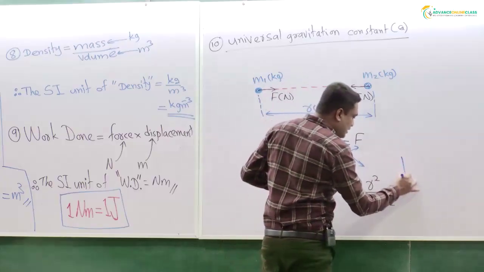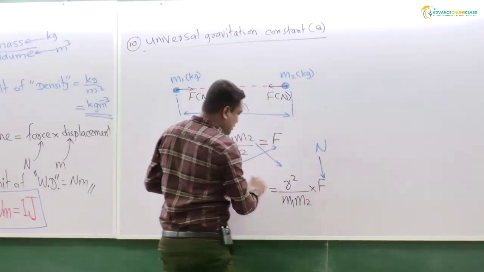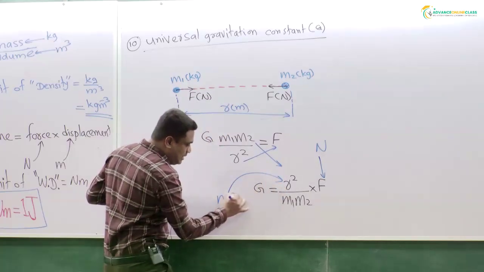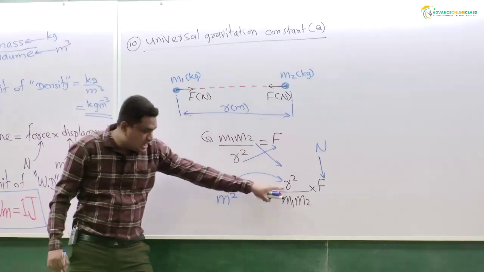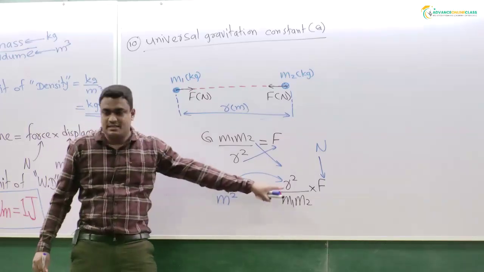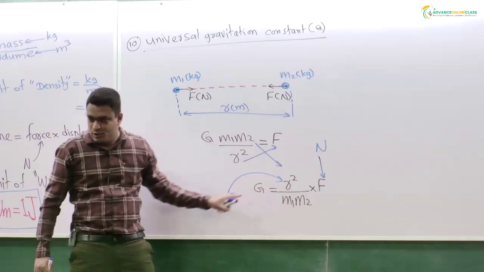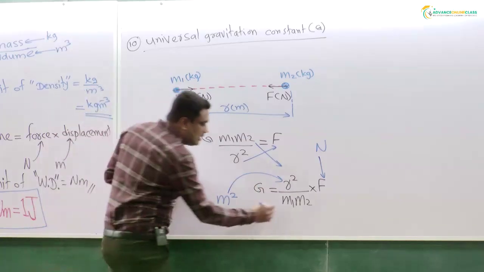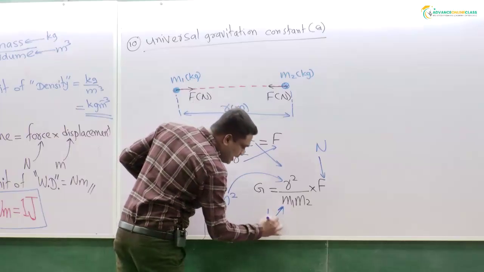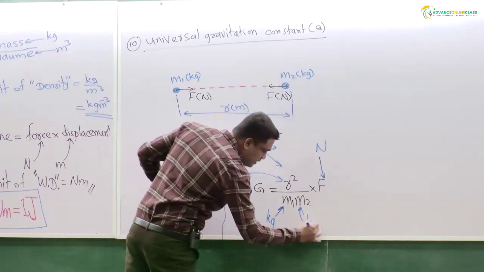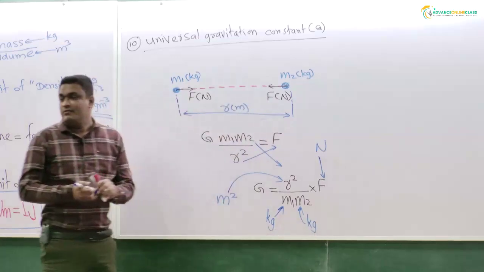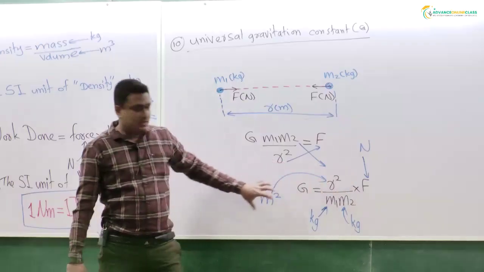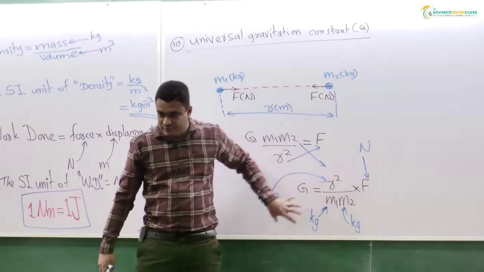In addition, we have capital F. Unit of F, Newton. Unit of R is meter, but this is r square, so it should be meter square. m1 is measured in kilogram, and m2 is measured in kilogram. Whatever way you have made capital G the subject, sometimes these terms may be on the left-hand side.